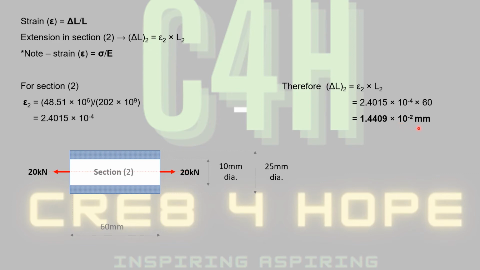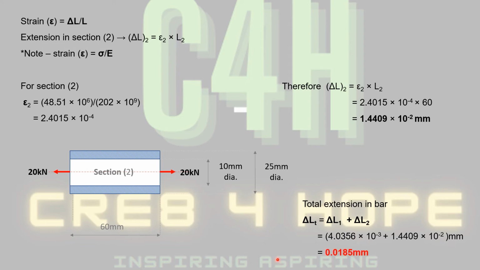So now that we know the extension in section 1 and we know the extension in section 2, all we have to do in terms of the total extension experienced by the bar is to work out the sum. So the total extension in the bar will be equal to the extension in section 1 plus the extension in section 2. If we do the sum, we get a value of 0.0185 millimeters. And there we have it.